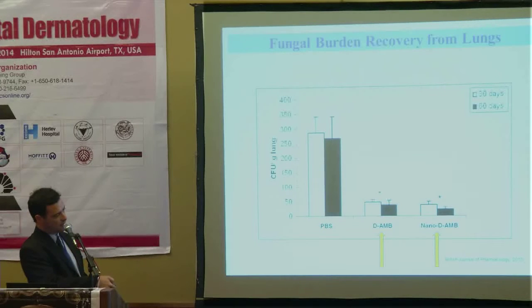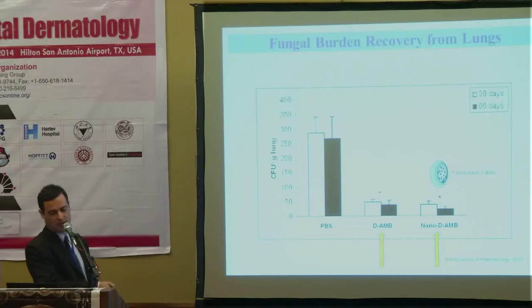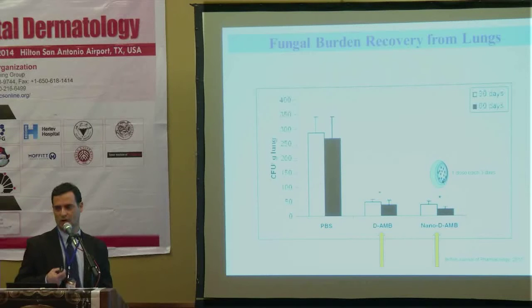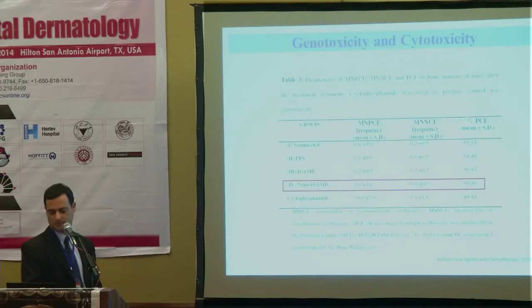Here, the conventional formulation of amphotericin B and our formulation present the same results in treating the fungal infection. But our formulation has a better result because it's possible to give the animals 1 dose every 3 days, because in 1 dose we can put twice the amount of the drug needed to treat this fungal infection.